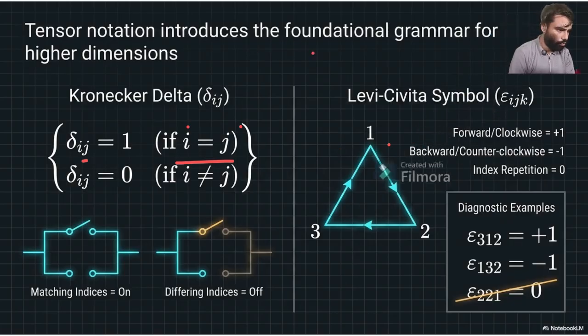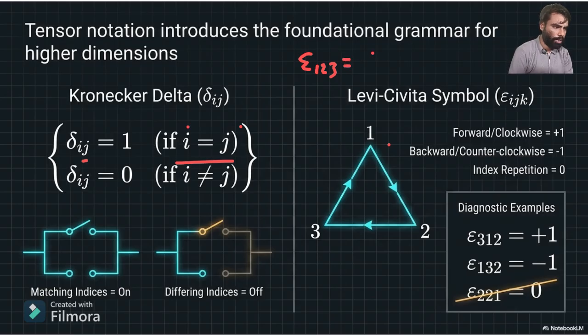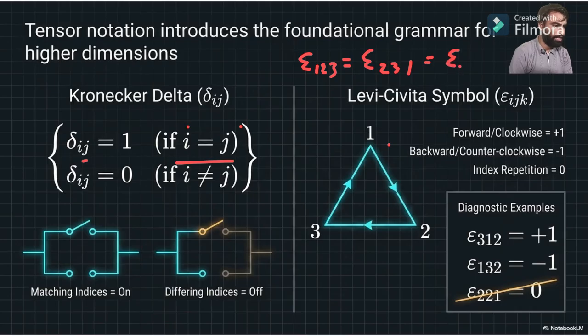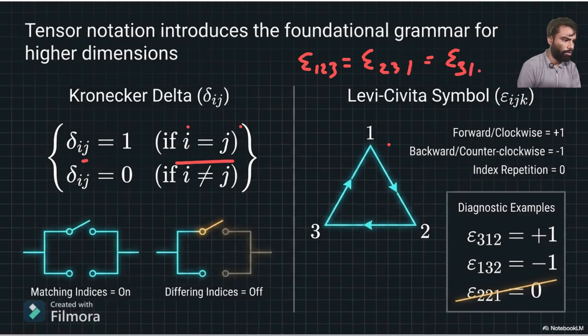What can be a forward cyclic? Epsilon 1 2 3 is a forward cyclic. Epsilon 2 3 1 is also a forward cyclic. Epsilon 3 1 2 is also a forward cyclic. These three are all forward cyclic.